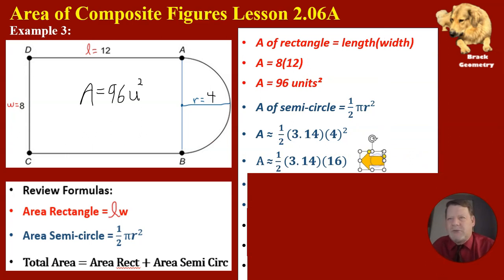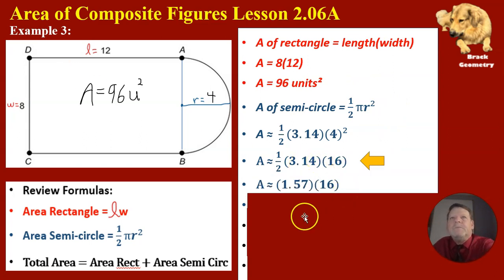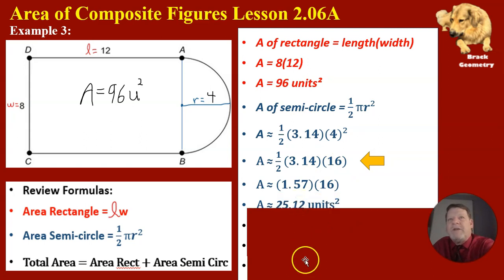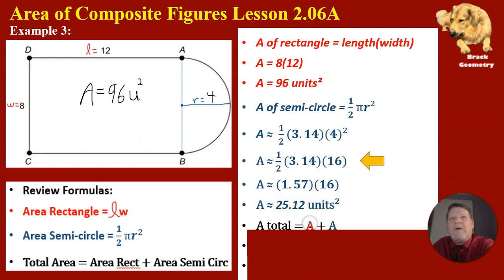Because pi really isn't 3.14. It's just approximated at 3.14. So I've got half of 3.14, which is 1.57 times 16. Gives me 25.12 units. So the area is 25.12 units squared.